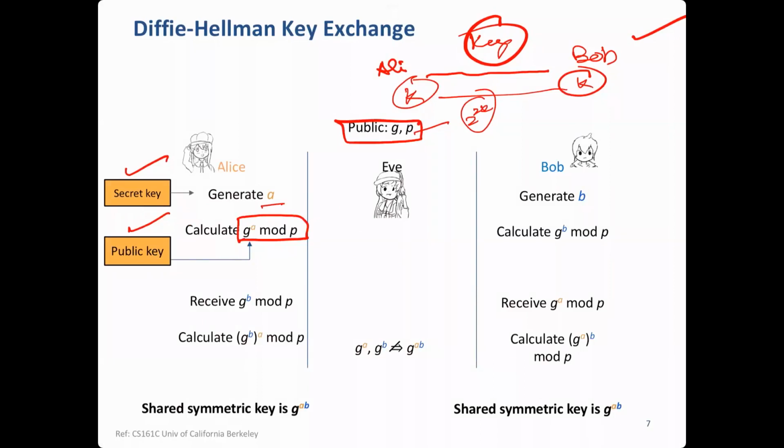G raised power A will be a very large number. From this Alice computes G raised power A mod P, because she first computes A, and this becomes her public key.